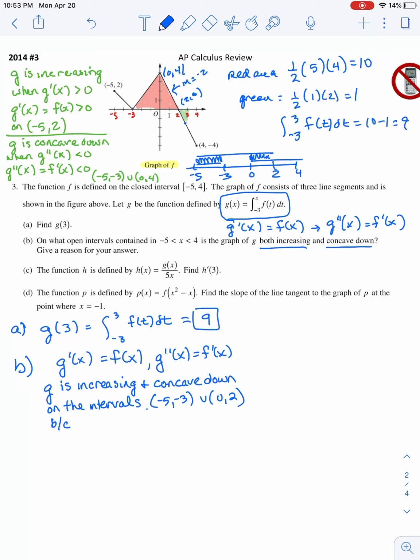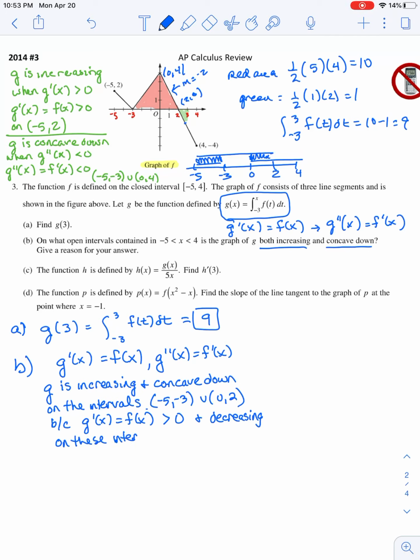And the reason is because g prime of x equals f of x is positive, or I'm going to actually say is greater than 0, and decreasing on these intervals.